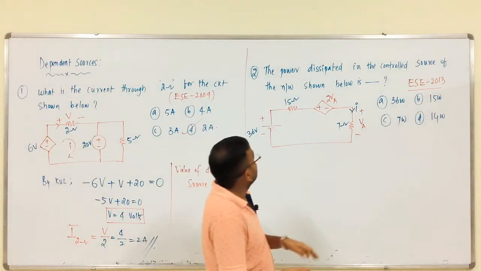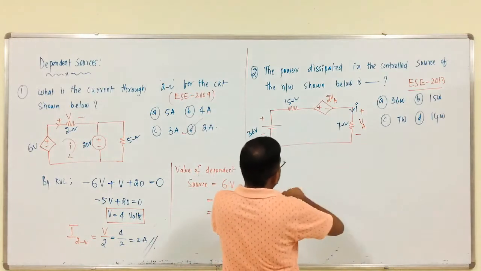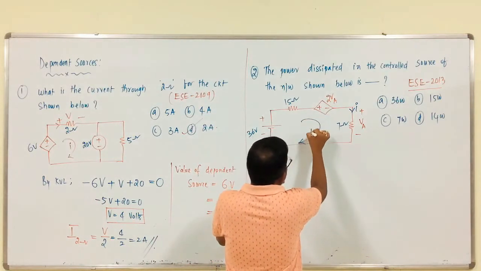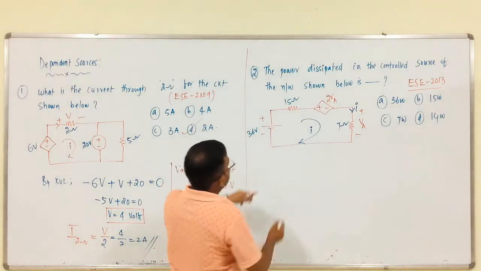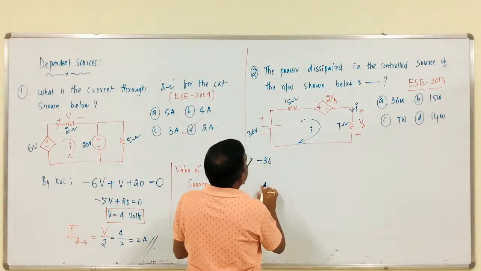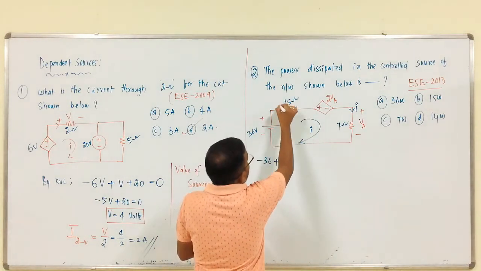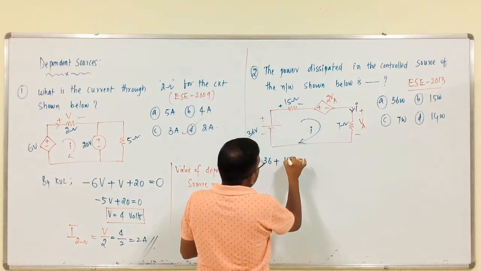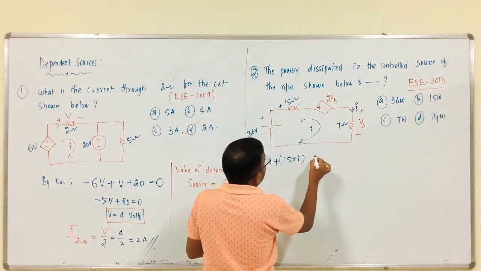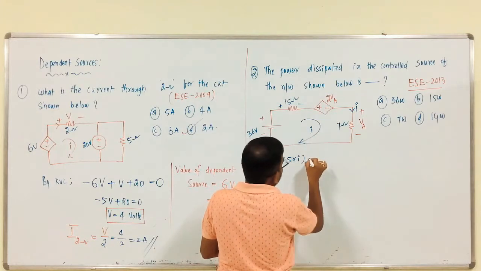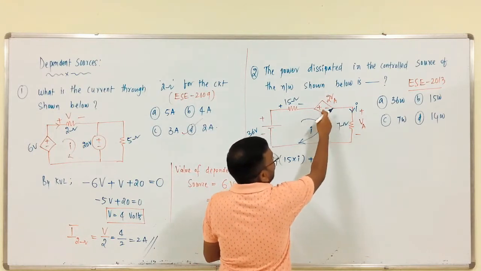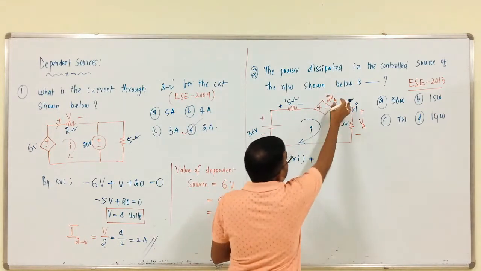See the current direction like this. Starting from this, minus 36, this is the independent source, plus 15 into I, positive to negative, then the voltage control voltage source, whose voltage value is 2 VA.